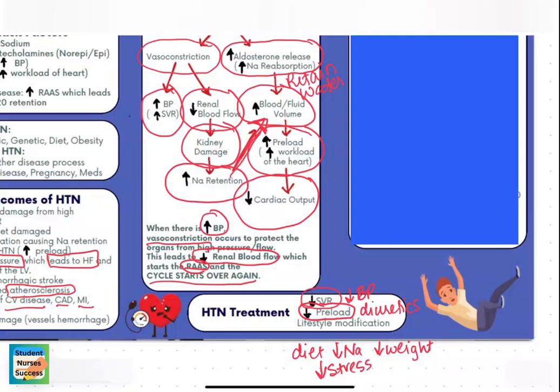And also, we want to minimize smoking or stop smoking and decrease alcohol intake. All of these will help.